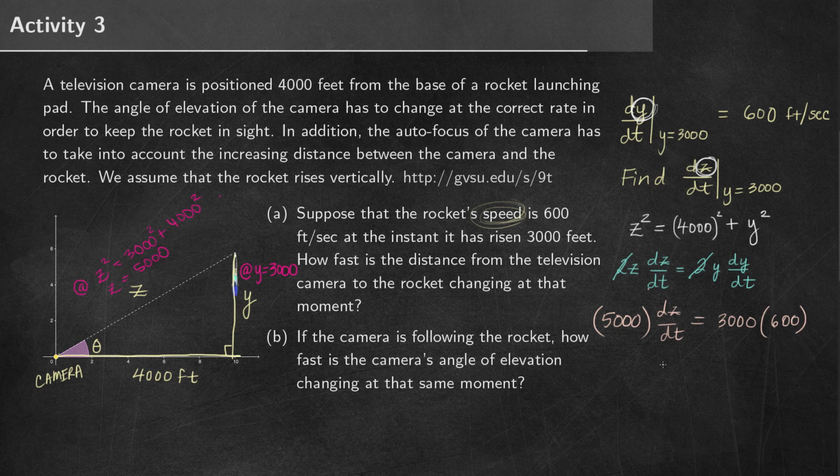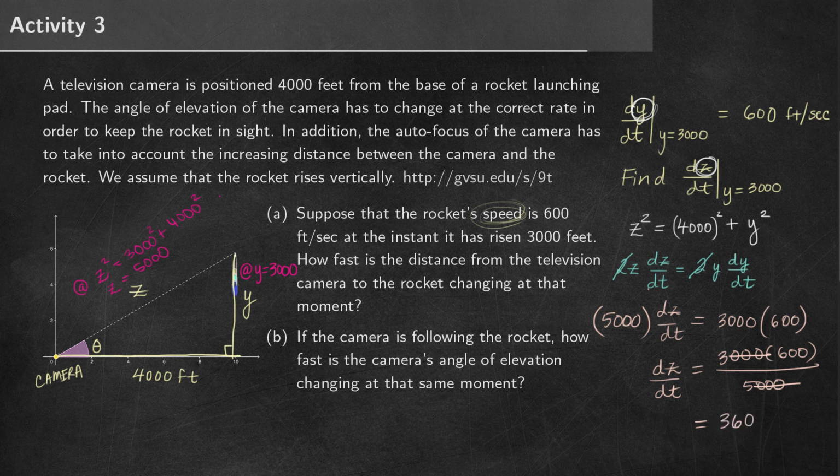Okay, so now we can solve for dz/dt. dz/dt equals 3,000 times 600 divided by 5,000. Okay, so we can divide top and bottom by 1,000 right away, and then we get 1,800 over 5, which is 360.